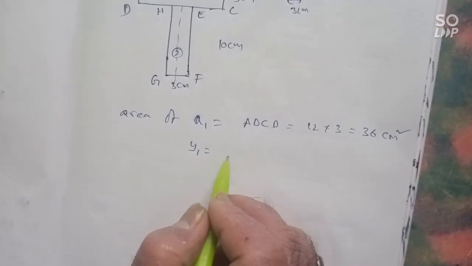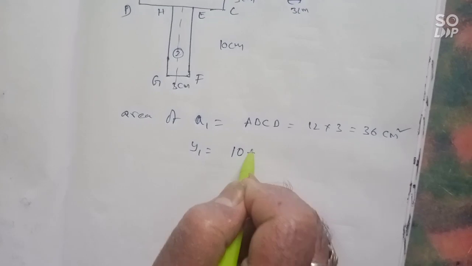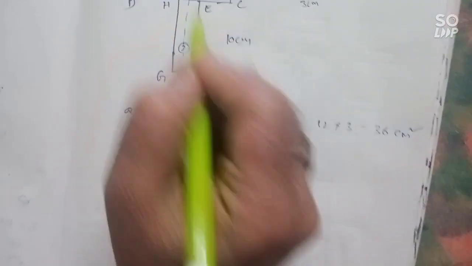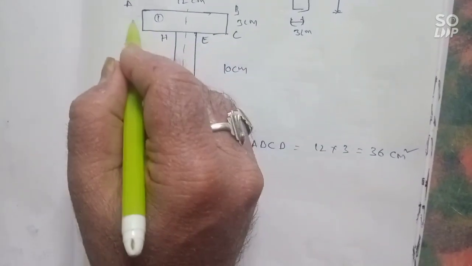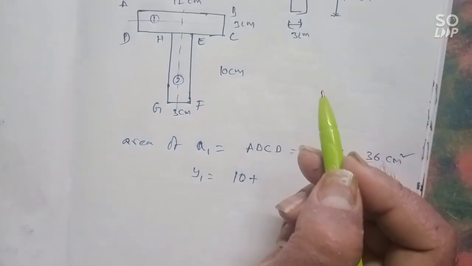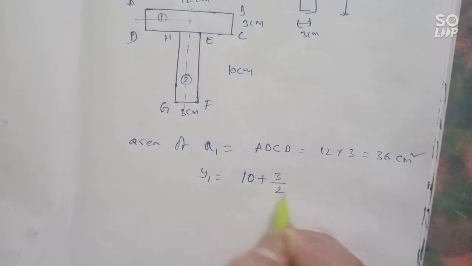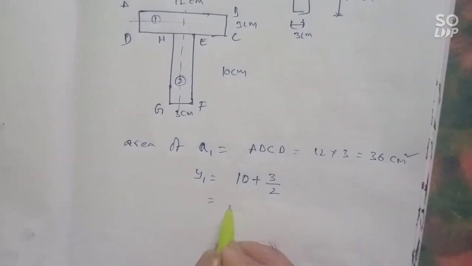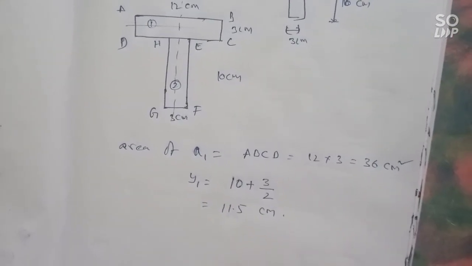So y1 equals 10 plus half of the height of the first rectangle, that is 3/2, which is equal to 11.5 centimeters.